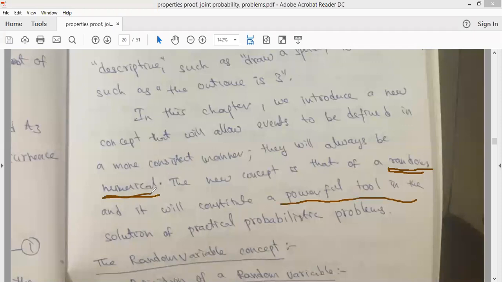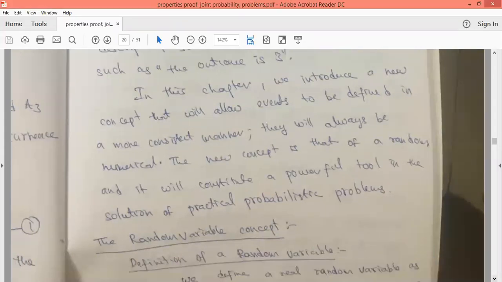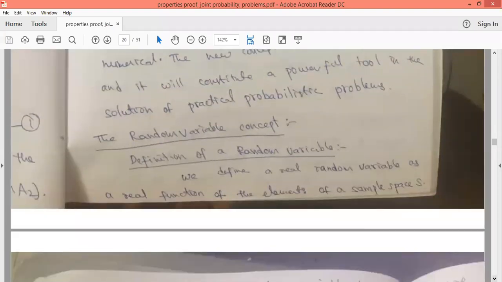So this concept is of random in nature. What is the importance of this? It is very important because it is used as a powerful tool in the solution of practical probabilistic problems. Whatever signals occur in nature, if you see, all of them are random in nature, so you cannot predict what is going to happen next.